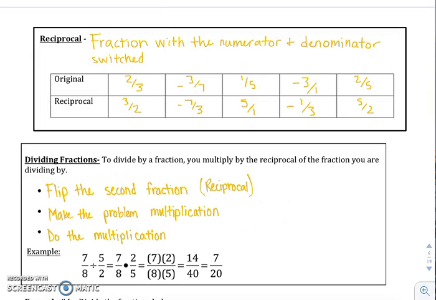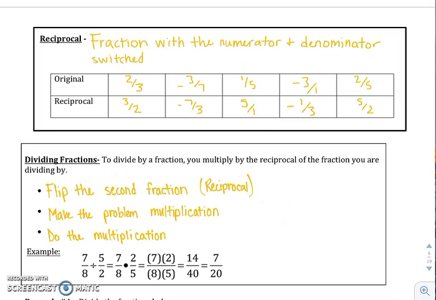The first thing we do when dividing fractions is we really just multiply by the reciprocal of the fraction you're dividing by. So we flip that second fraction, get the reciprocal of the second fraction, and then we make the problem multiplication.